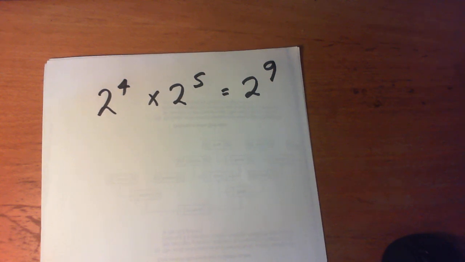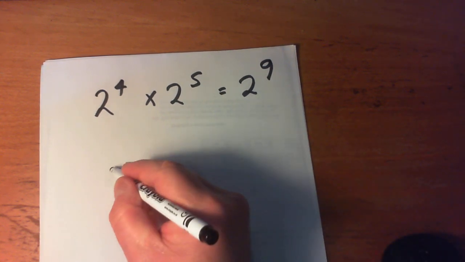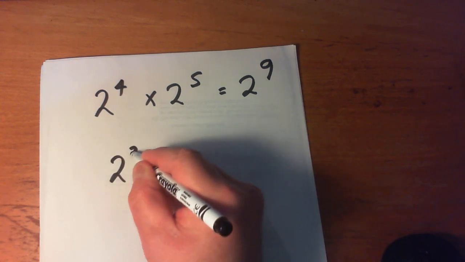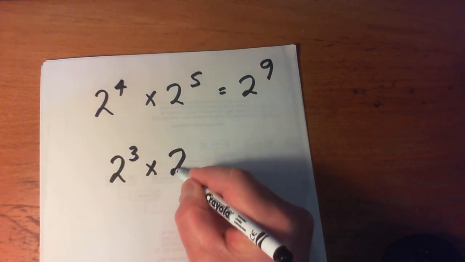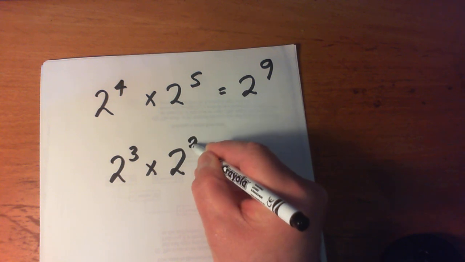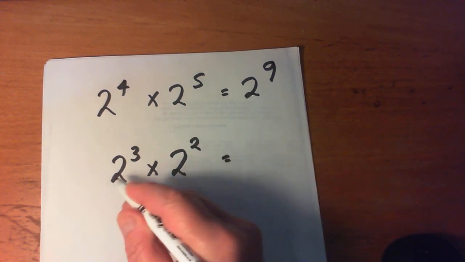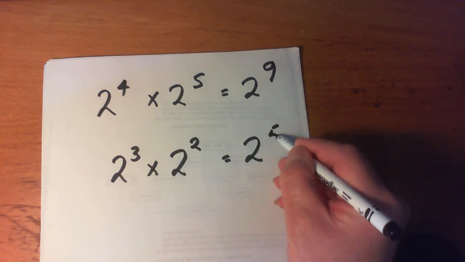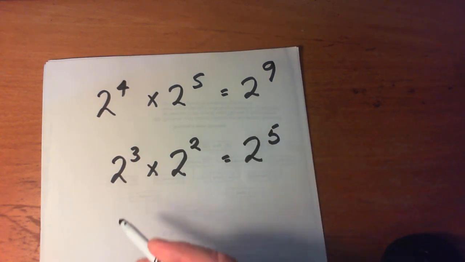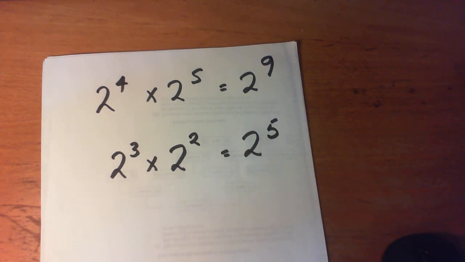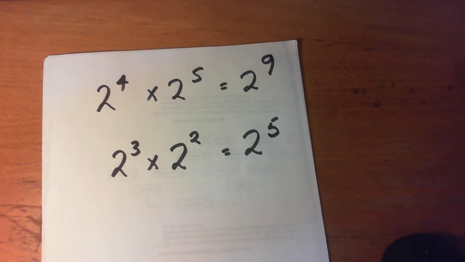And again, it's not too difficult to show how this works. If I just use lower numbers for now, 2 to the power 3 times 2 to the power 2, which is sometimes noted as 2 squared, then using this rule, it's 2 to the power 5. How do I know that? Well, I'm making a few assumptions here, and I just have to assume that you know what 2 to the power 3 is.